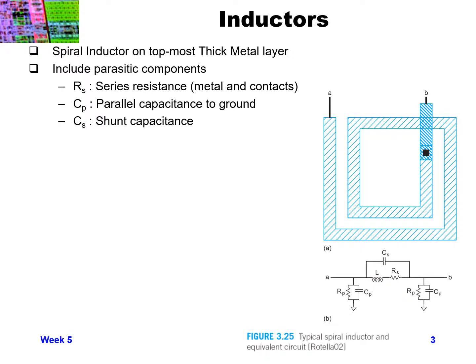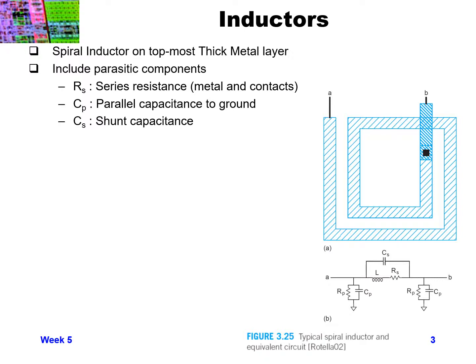And being on the topmost thickest layer, you want that in part because you want to reduce your parasitic components as much as possible. One of those parasitic components is the series resistance. So having a thick metal layer that is also wide can reduce the resistance of the inductor, the series resistance.